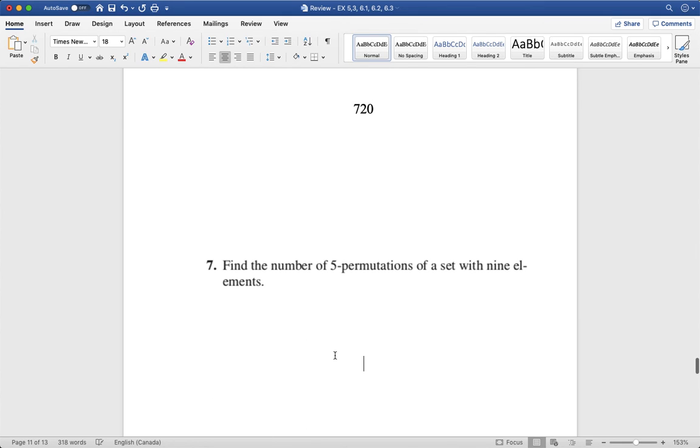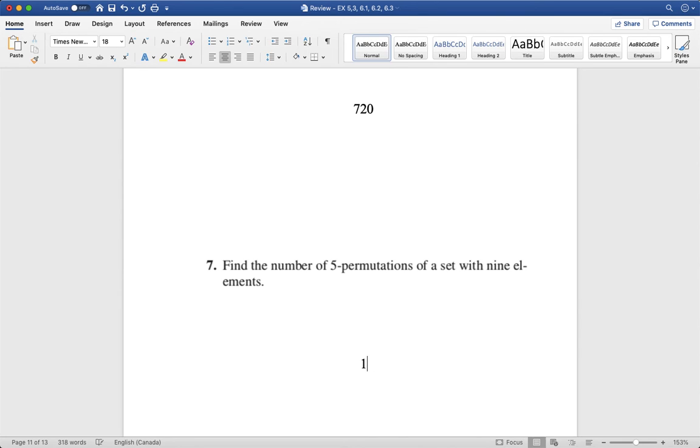Right, next one, find the number of 5-permutations of a set with 9 elements. So we have 9 elements, and then we have the 5-permutation, right?